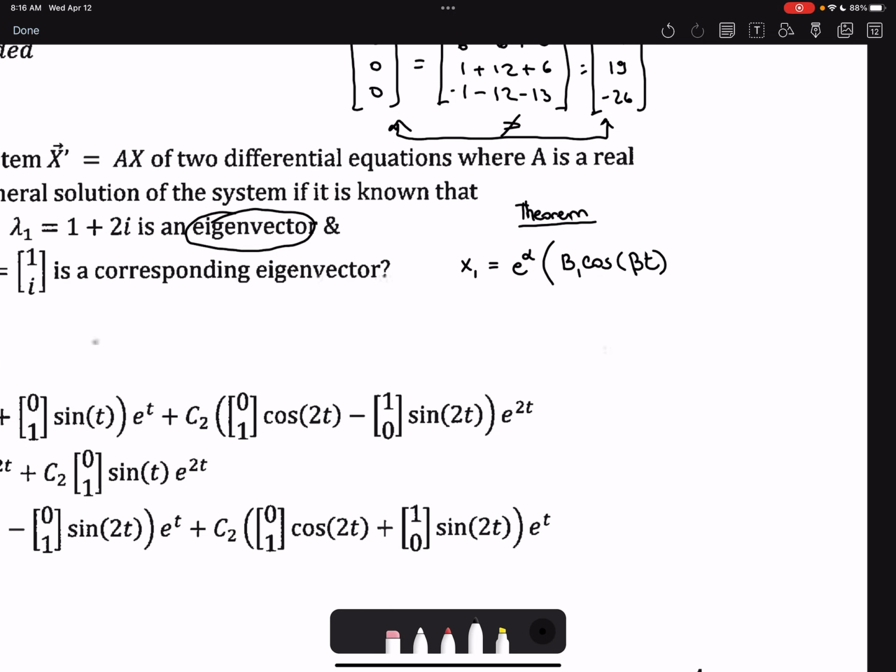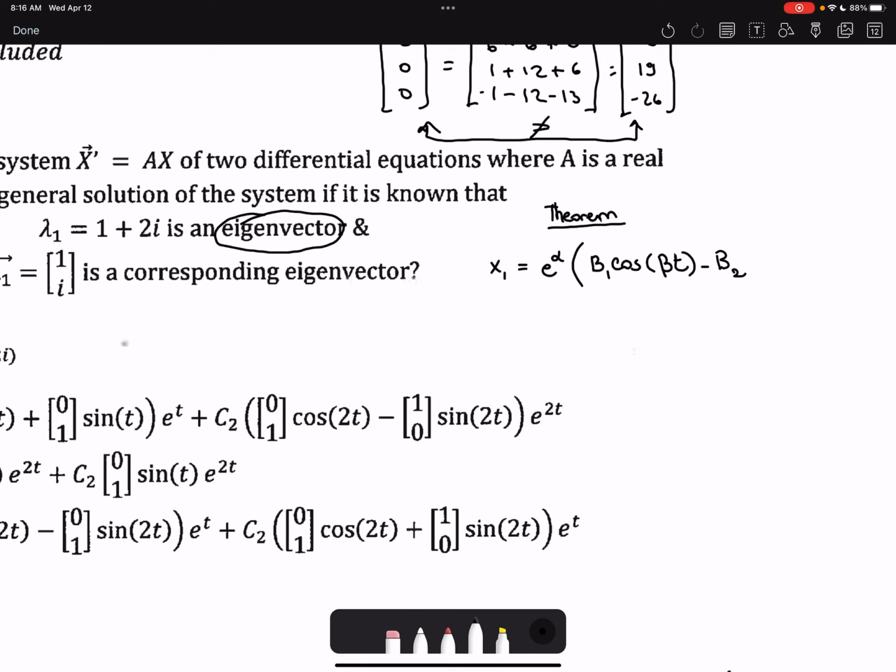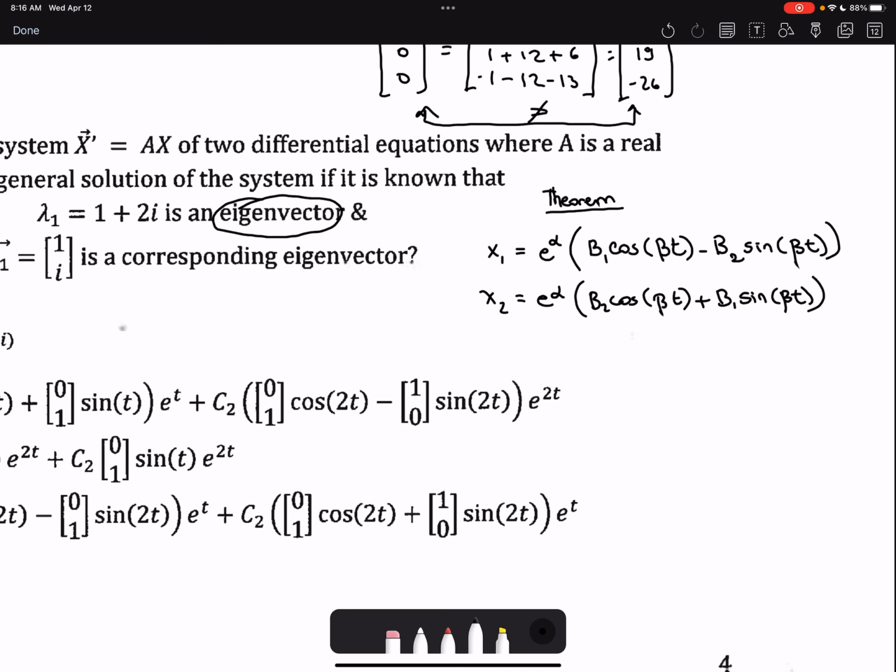Remember, the imaginary part is taken without the sign. And then here we have minus b2, which is the imaginary part, times the sine of beta t. And then the other solution is e to the alpha, which is the real part, times b2 cosine of beta t, plus b1, which is the real part, times the sine of beta t.